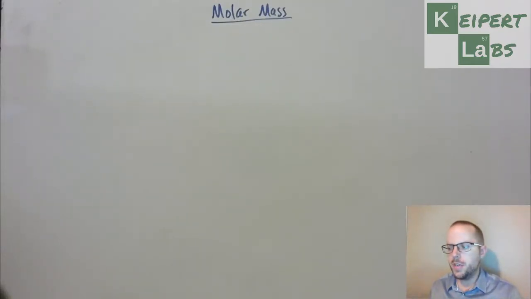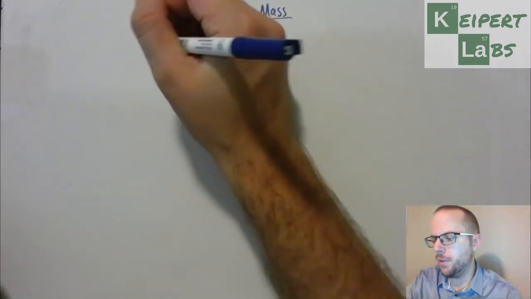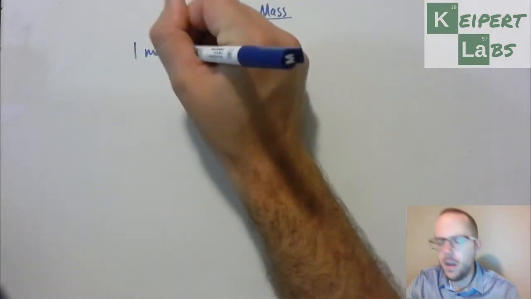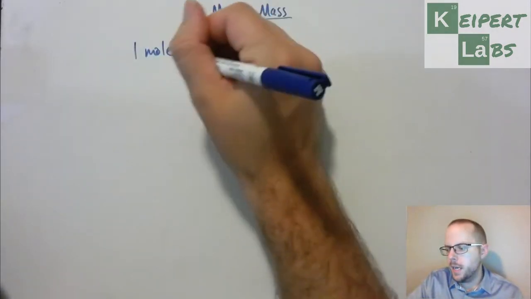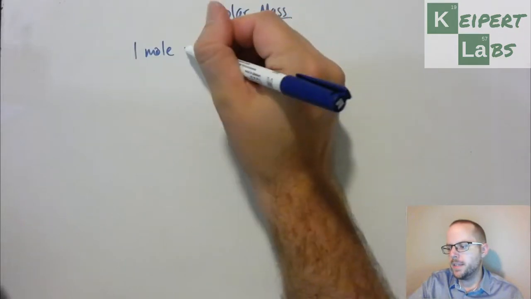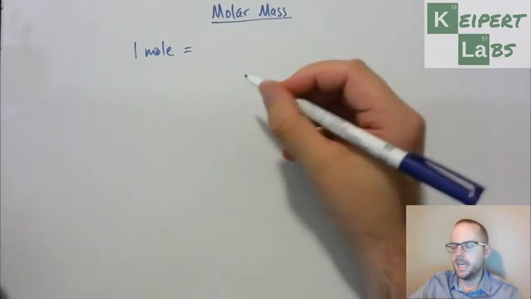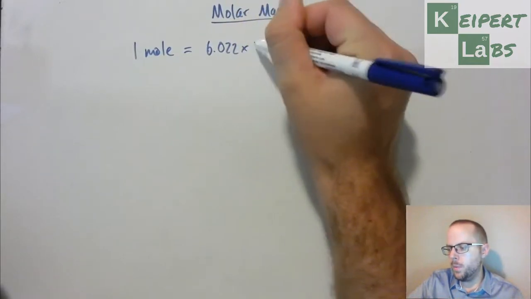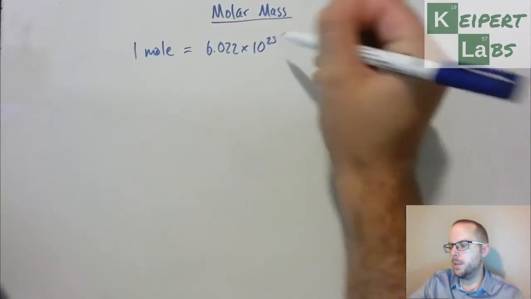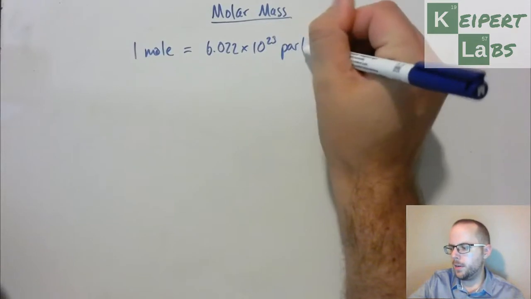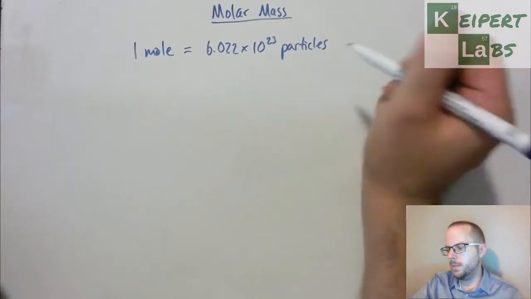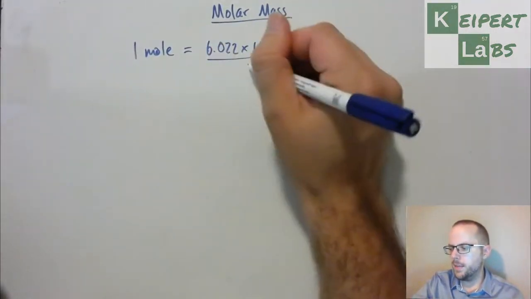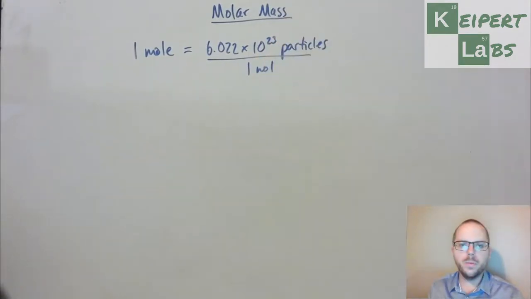In this video, we're going to be discussing the concept of molar mass. In the previous video, we introduced the counting unit of chemistry, which we call the mole. We said that the mole represents a standard number of particles of any substance, and that number is 6.022 times 10 to the 23 particles for every 1 mole.